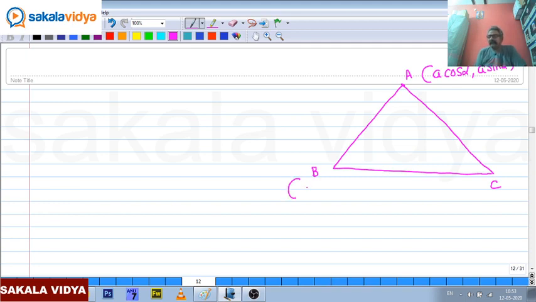This is a cos beta comma a sin beta. Now this will be a cos gamma, a sin gamma.